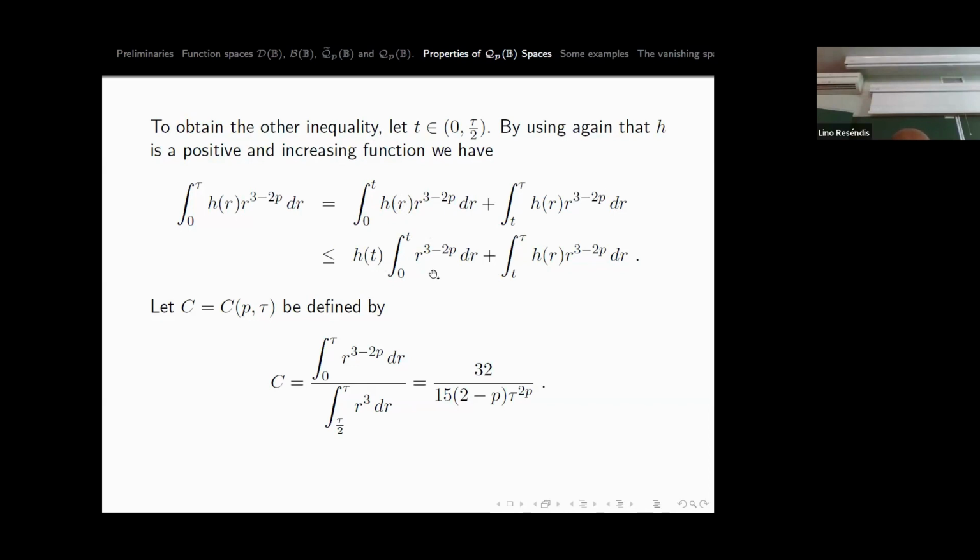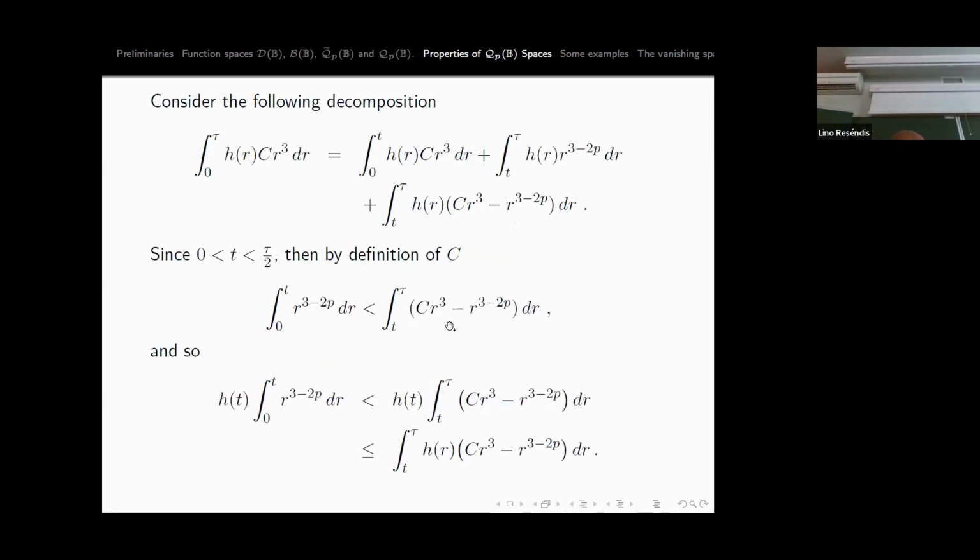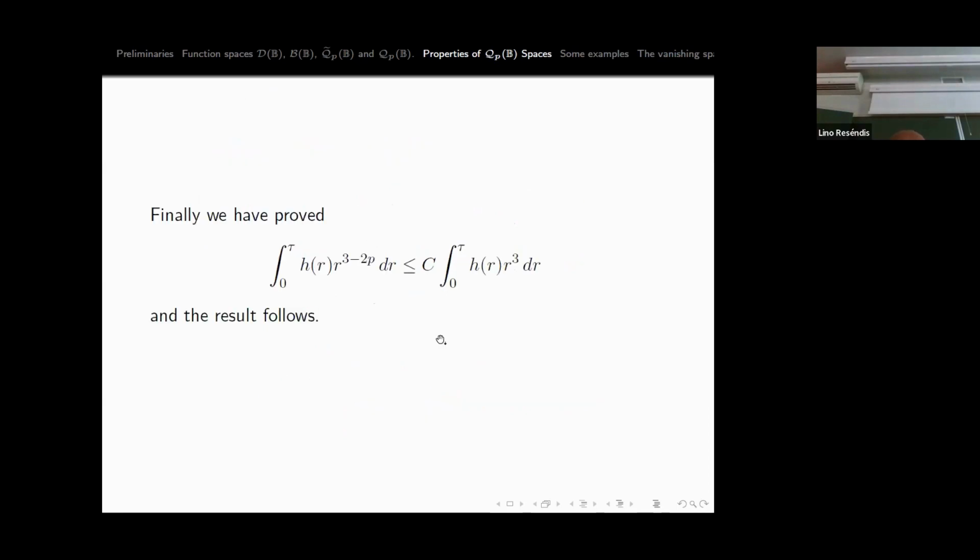Then we have these two summands. In fact, the constant should be defined in this form. There is no problem with the existence of this integral because p is less than 2, and then this is a constant that is well defined. These are only a few words about this proof, but the key point will be here. I will omit the rest.